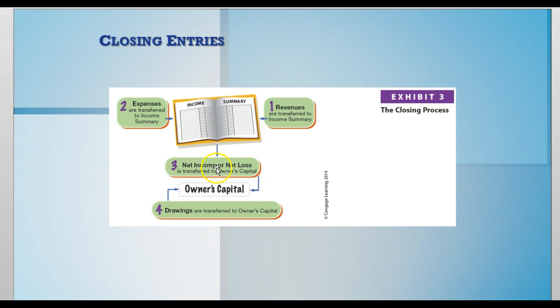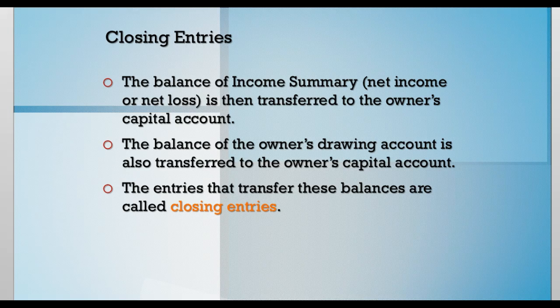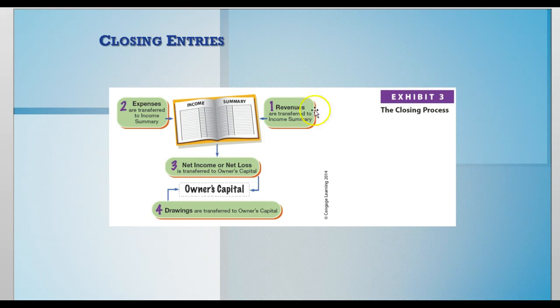That's going to give you the net loss or income, and then you are going to close the income summary, because you want it to have a zero balance also, into the owner's equity account, which would then bring it up to date, correct? And then you would transfer your drawings into there. So those are closing entries. Let's see what this slide had on it. I guess it just explained what I did. Here's a visual of that.